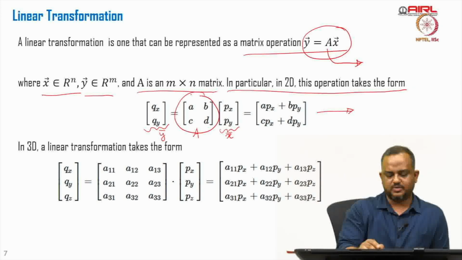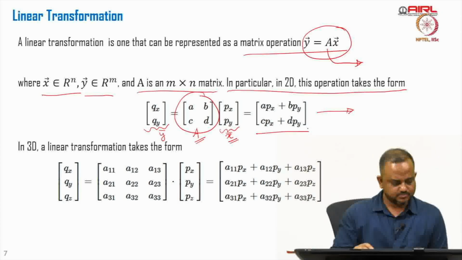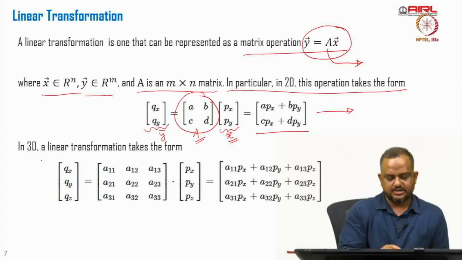Now when there is a linear transformation through a matrix operation or matrix multiplication, we multiply the original vector x with the transformation matrix A and we get the outgoing vector. In 3D, the vectors will have 3 elements.